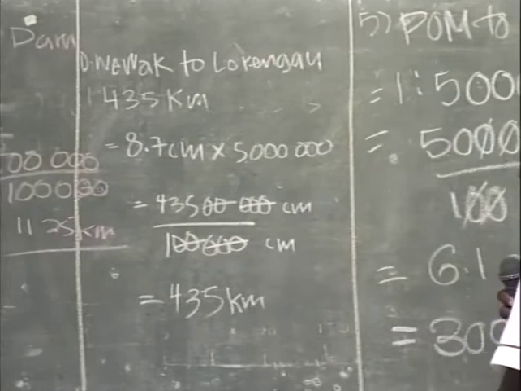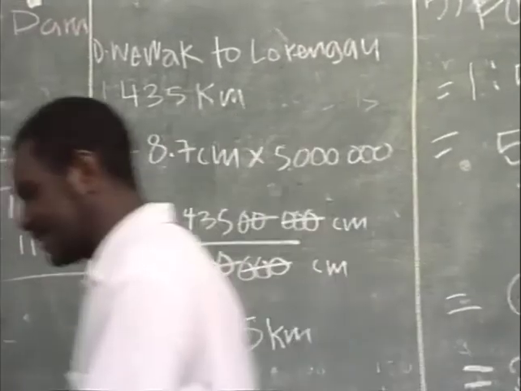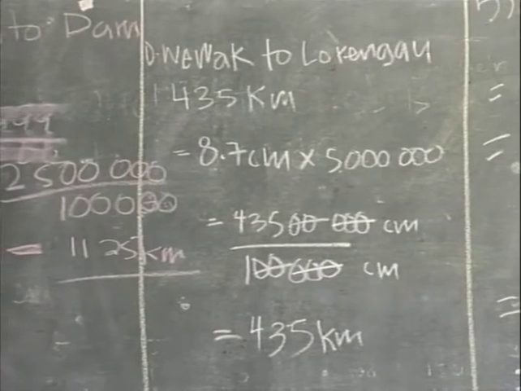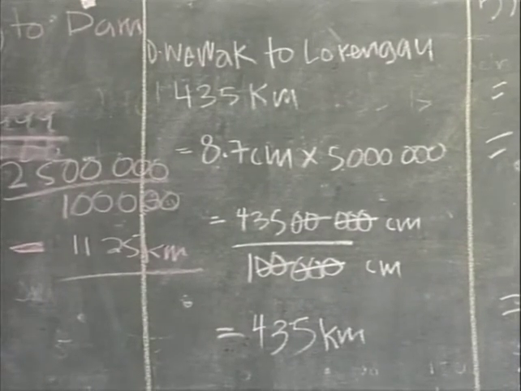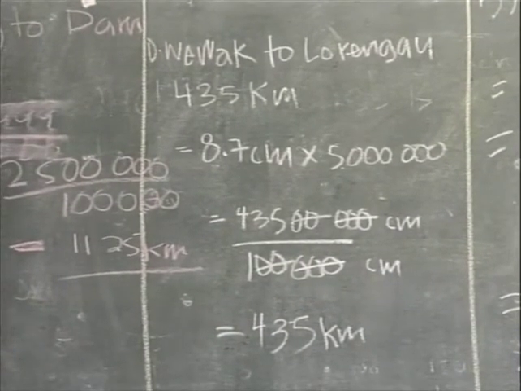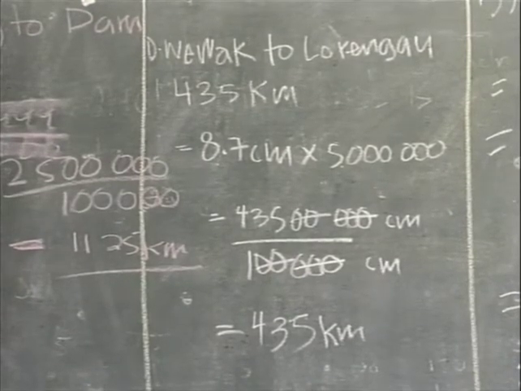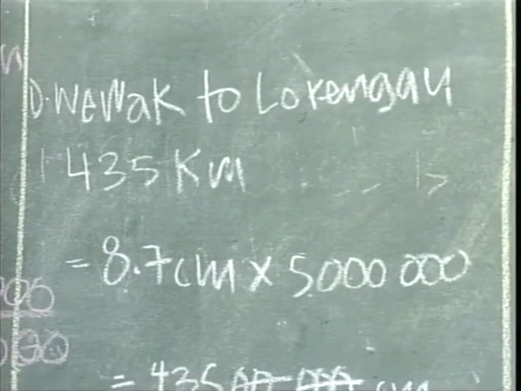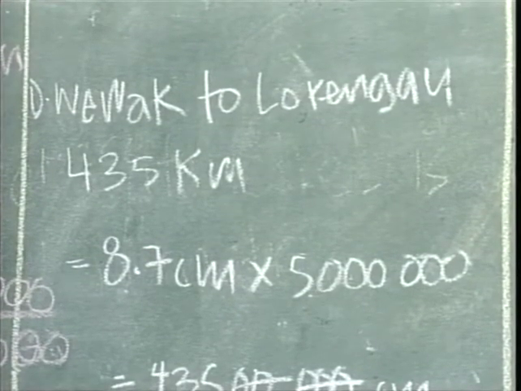Caleb, come and stand on this side. The distance from Vivek to Lorengau is 435 kilometers. How I got my answer is I measured it on the ruler. It was 8.7 centimeters times 5 million.